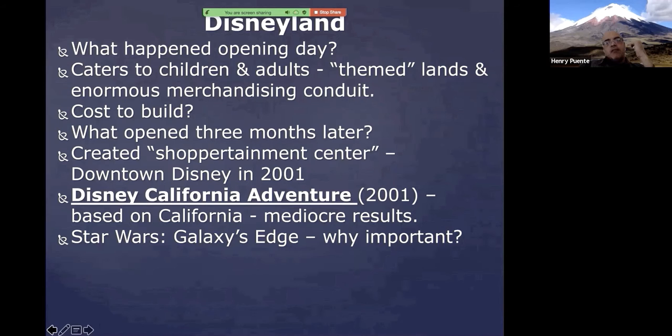Disney California Adventure was opened in 2001 as well. It's a theme park that was based off of California. Disney has not failed much in the world of theme parks, but in this particular case, it wasn't as well received as other parks throughout the world.